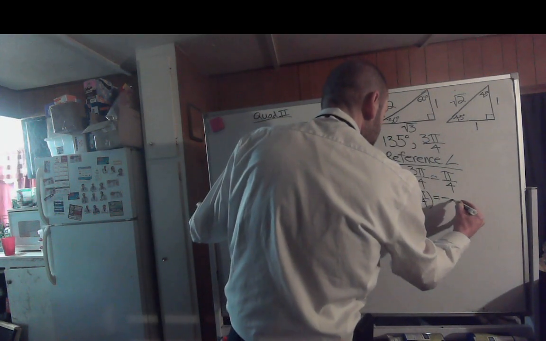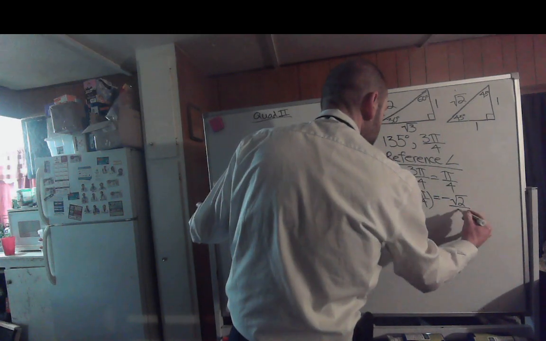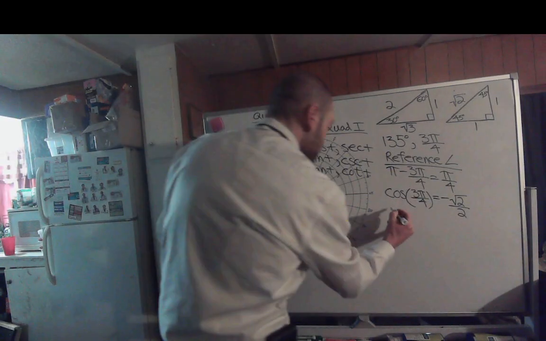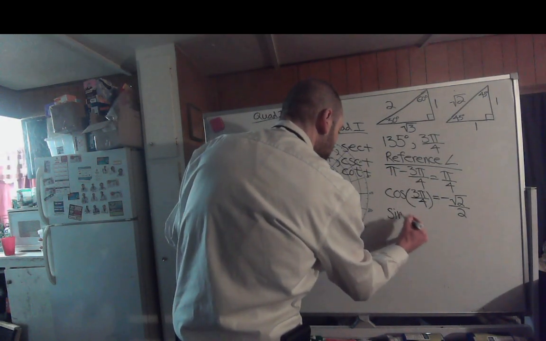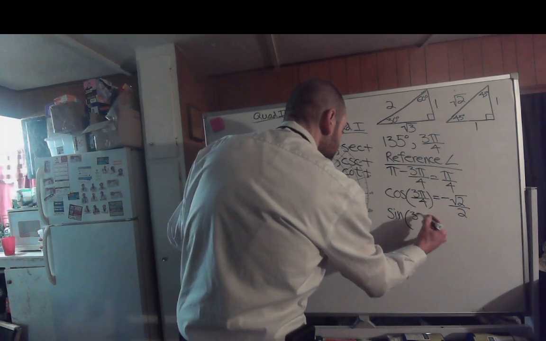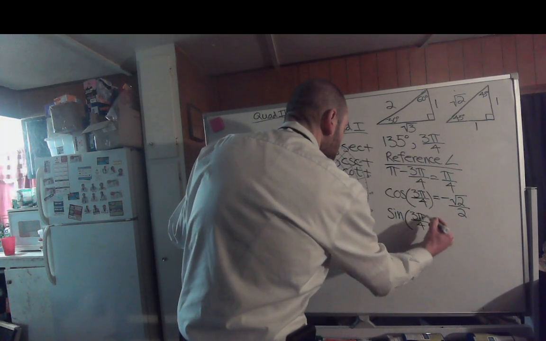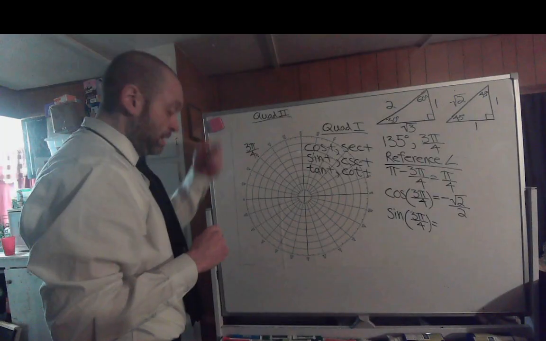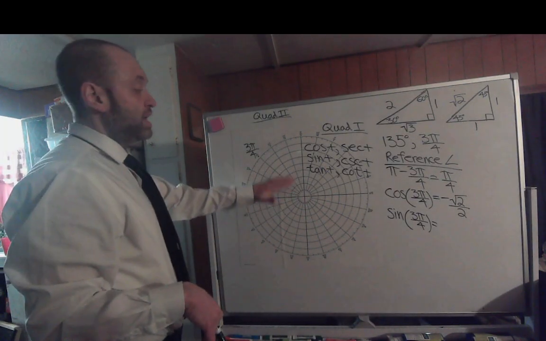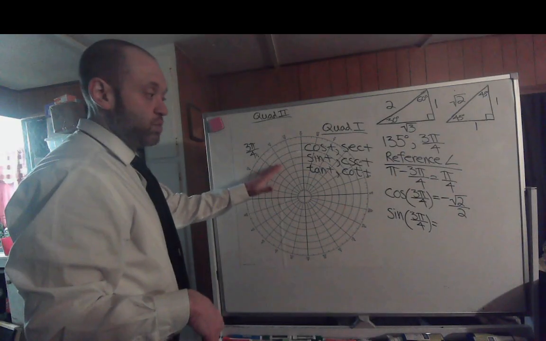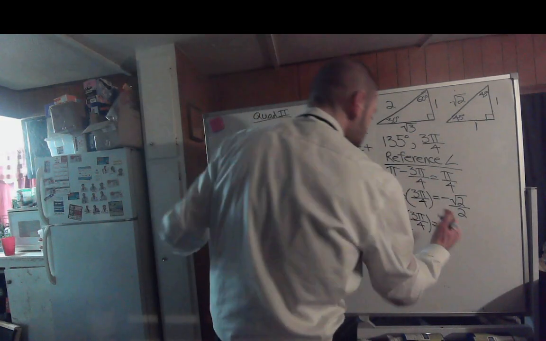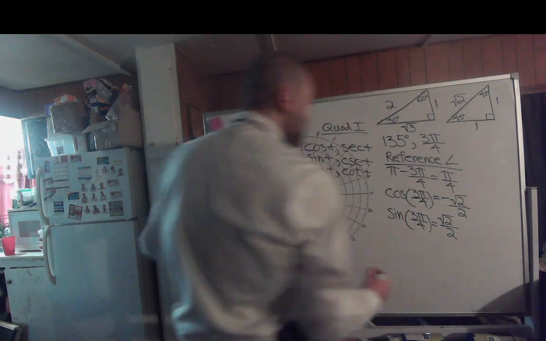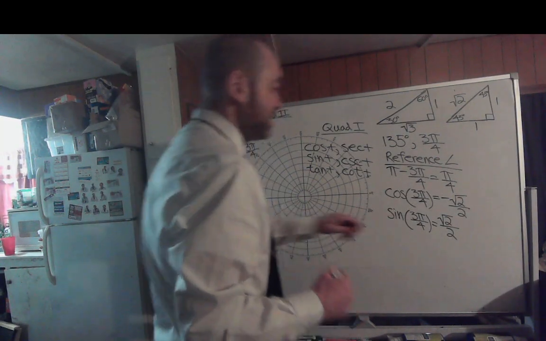It's actually going to be negative of the square root of 2 over 2, since your x-coordinate is negative. Now, then we can find the sine of 3 pi over 4, which is, at this point, you still have a positive y-coordinate in the second quadrant, so that would just be positive square root of 2 over 2. So you have a negative cosine, positive sine.